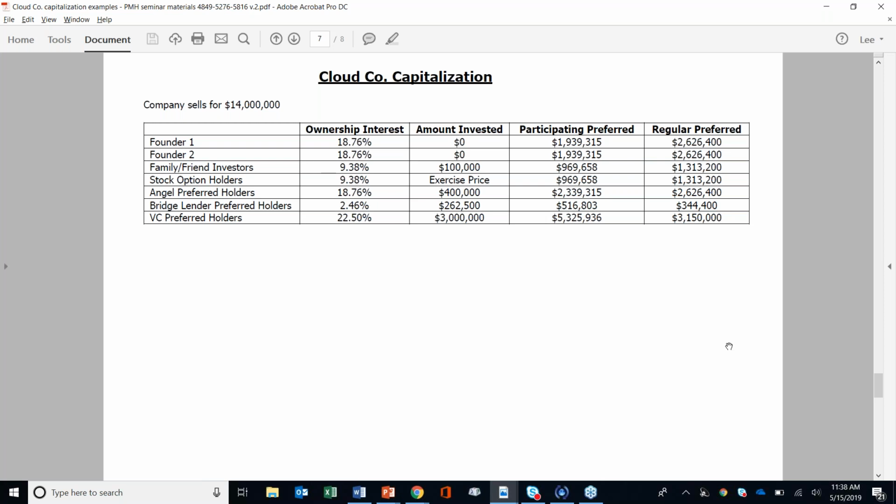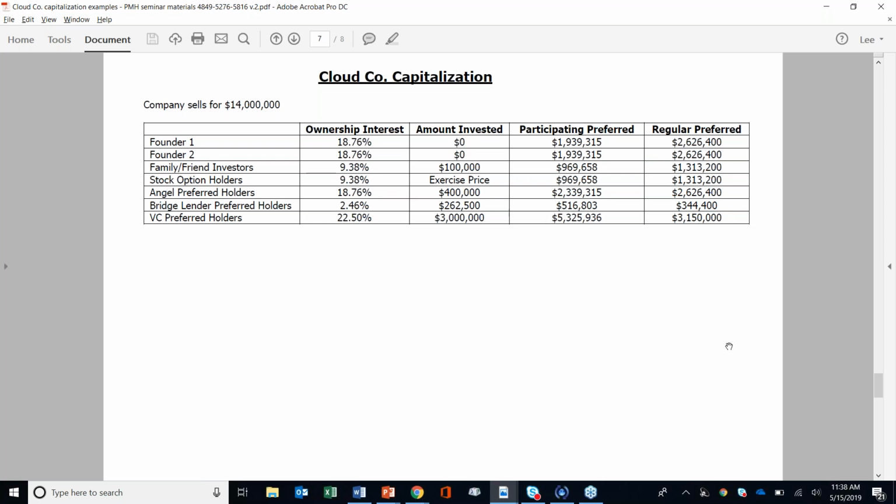The value of the company increased substantially to $14 million from the pre-money valuation of $400,000 that they invested in. And so they still are getting close to a 10x return, and that's a good benchmark to look at, because it's hard to benchmark for founders who didn't make an investment. But they're still getting a meaningful return, even though it's about $350,000 less than the regular preferred.